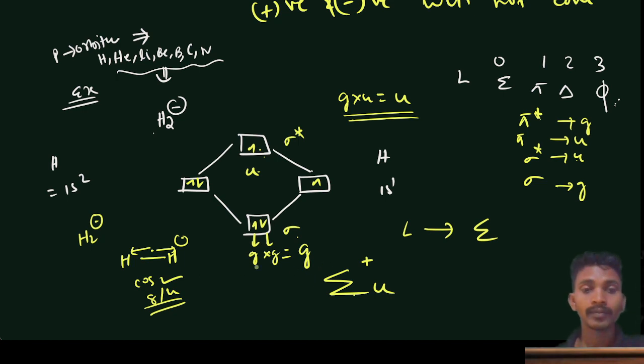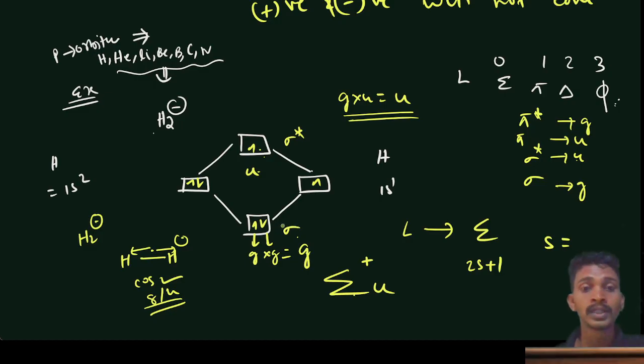Next, we will calculate 2S plus 1. What is the value of S? We count how many unpaired electrons there are, because paired electrons cancel with each other, one being plus half and the other negative half.